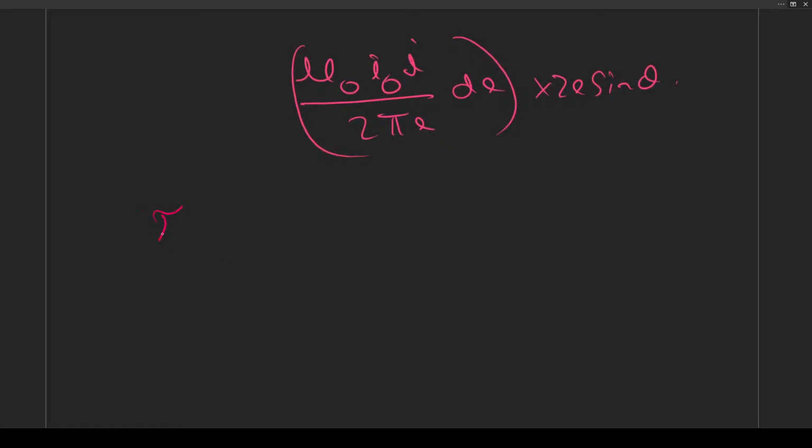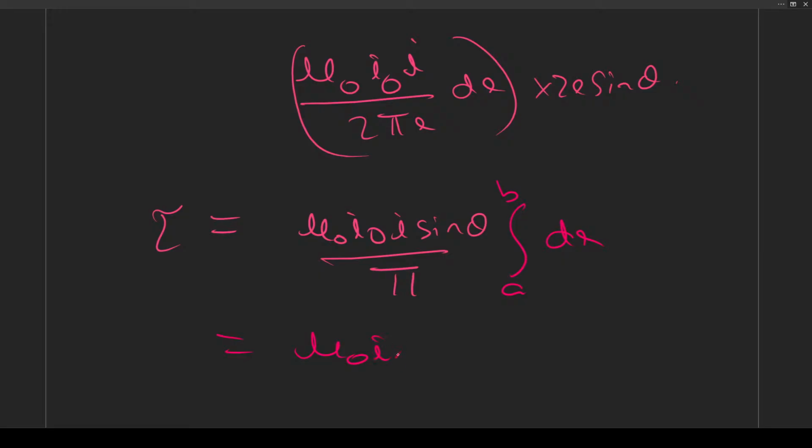Finally, integrating the torque, we will get torque as mu naught I sine theta by pi, integral from a to b of dr, which gives mu naught I sine theta by pi times (b minus a).